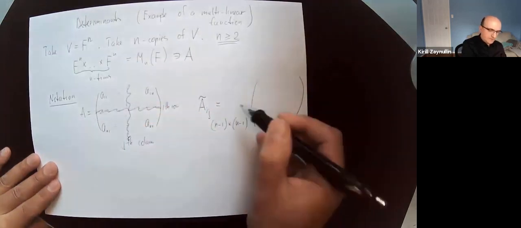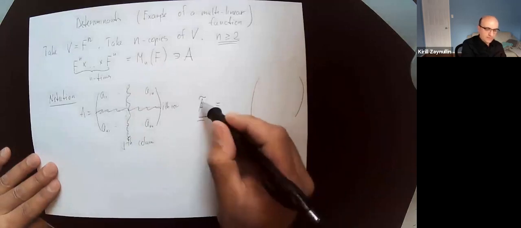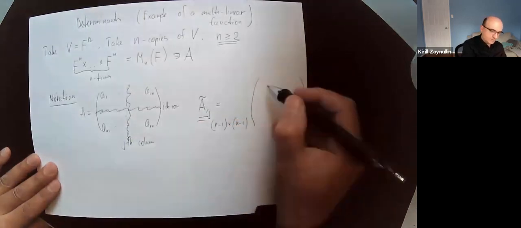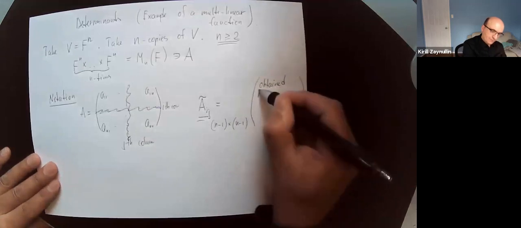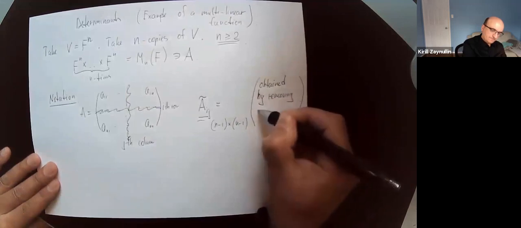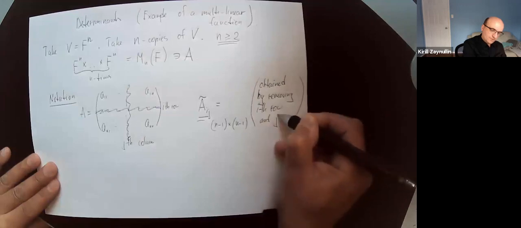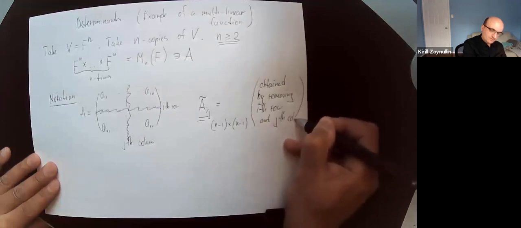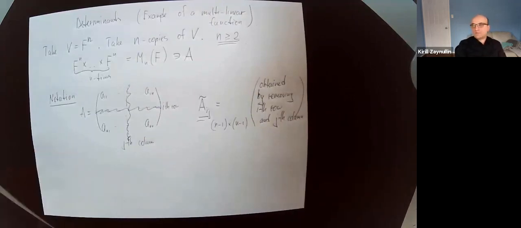The remaining matrix will be denoted by A tilde ij. So it's a matrix obtained by removing the ith row and jth column. So of course it will be one size smaller, right?